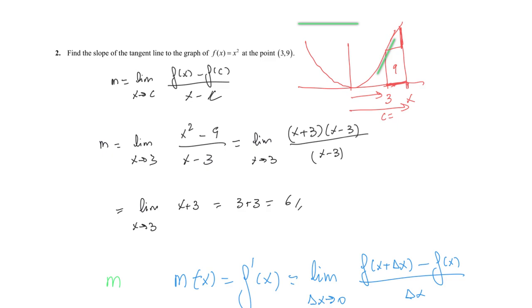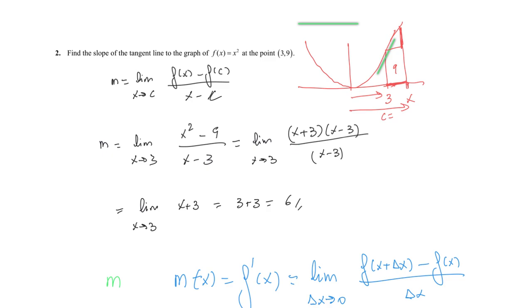If you do it in this way, you will find the same result. f of x is x squared, f of c is 9, x minus c is x minus 3. So it's the limit when x approaches 3 of the slope, the rise divided by the run.